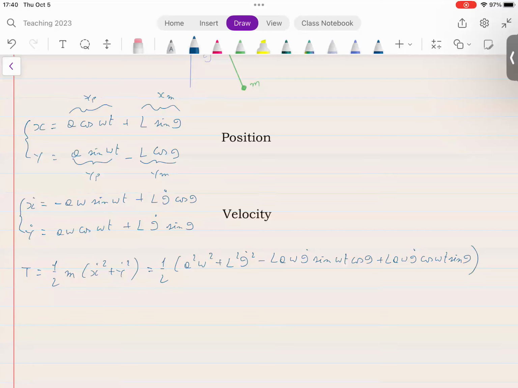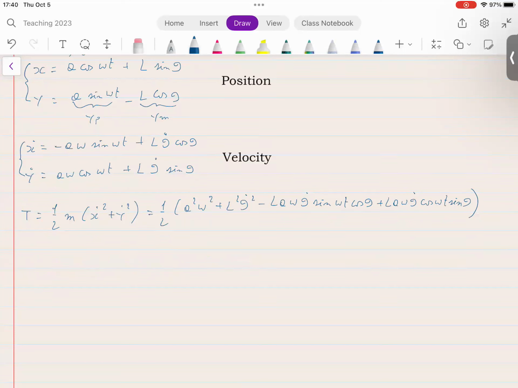For this, I will ask you to go find it in some textbook, but this is a classical sine alpha cos beta or cos alpha sine beta type of trigonometric expression. Long story short, I'm just going to tell you what the answer is.